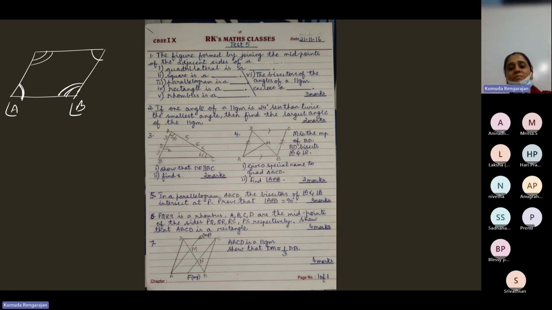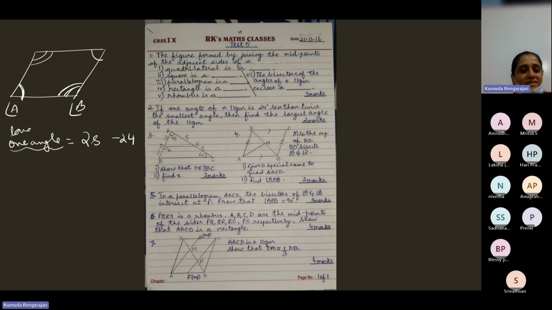If one angle of a parallelogram is... there are only two types of angles, two different angles, so they're talking about those two angles, basically the adjacent angles A and B. If one angle of a parallelogram is 24 less than twice the smallest angle, then the largest angle of the parallelogram is... See here, one angle is 24 less than twice the smallest angle.